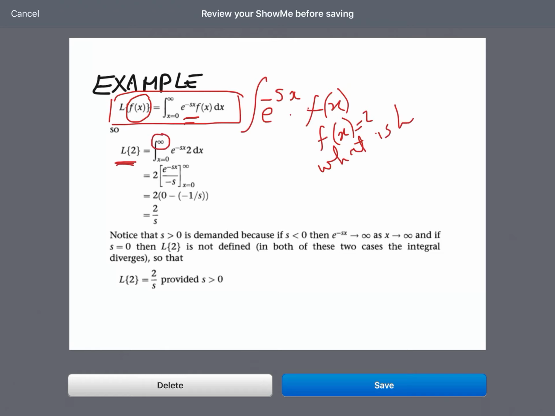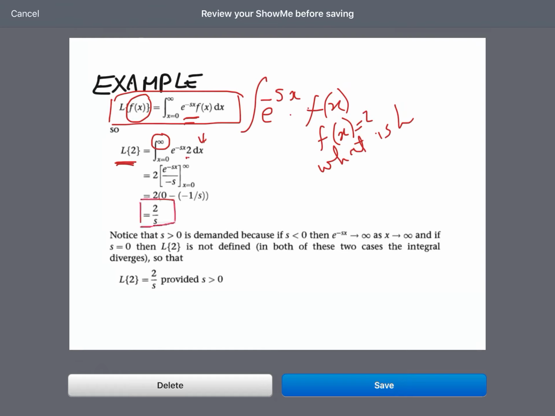Then you multiply the original function, which is 2, by e to the power minus sx, and you integrate with respect to x. That's the variable now. If you have a function of t, it's going to be with respect to dt. You integrate, and when you apply the limits between infinity and 0, you should get 2 over s.